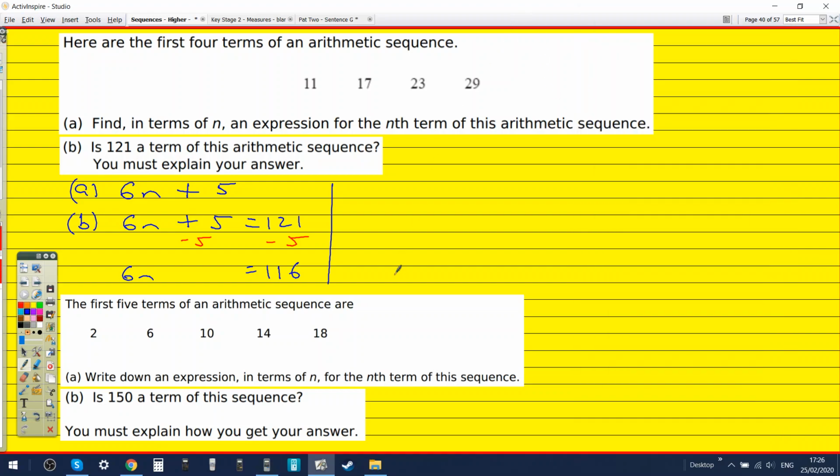So 19 and a third. So n equals 19 and a third. And so is 121 a term in this sequence?